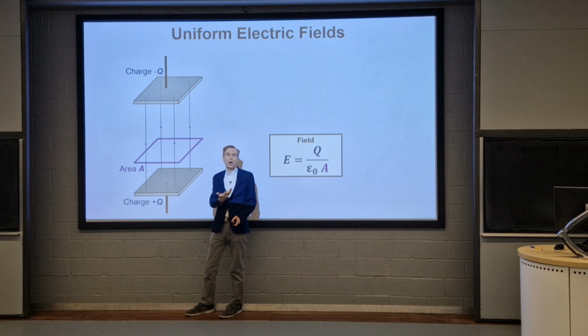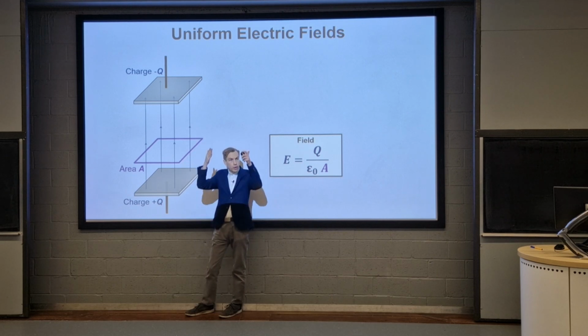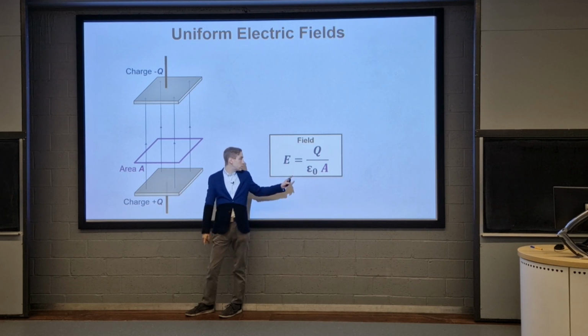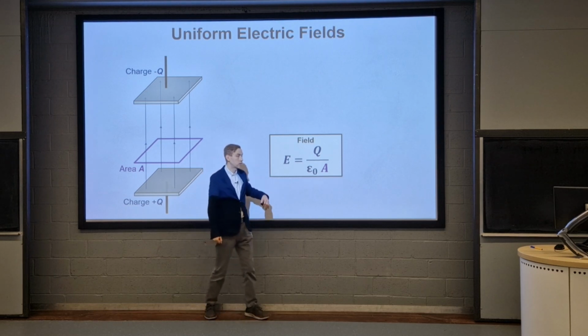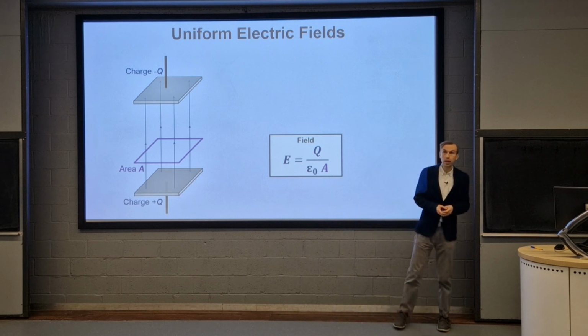Because we're thinking about a uniform electric field, and between these two plates, we have a uniform electric field. So the field lines don't spread out as we get further away. So we don't need to, in this equation, worry about the distance that we are from the plate. So this is a complete description of the electric field here inside our two plates.